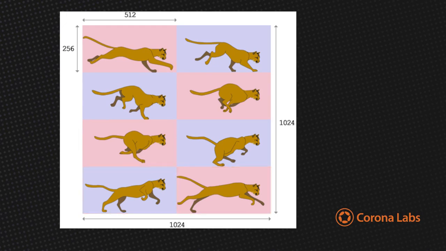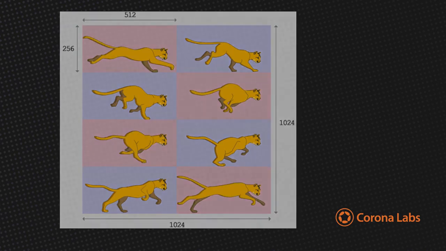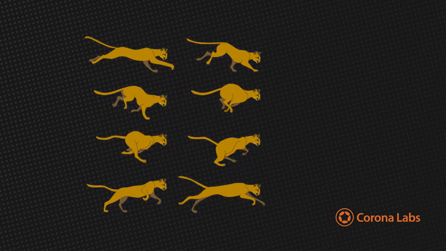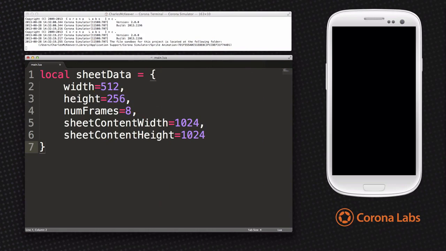The individual frames have been color shaded for instructional purposes, but the production image will not be. To configure this image sheet in Corona, first set up an index table for a basic image sheet of uniform size frames. To learn more about how to set up an image sheet using frames of different sizes, see the documentation located on the Corona Labs website.